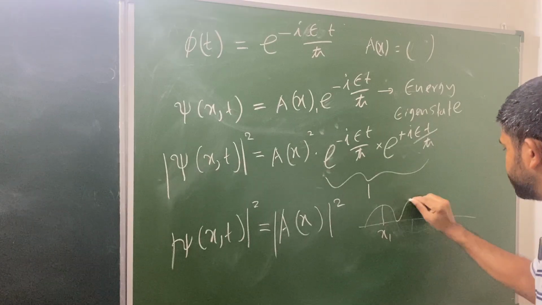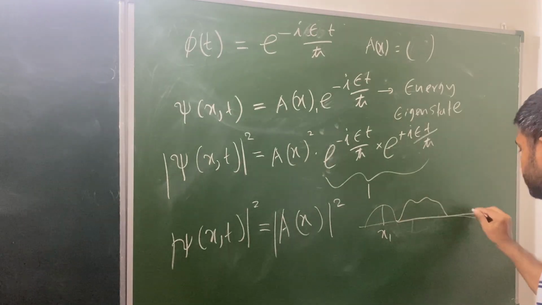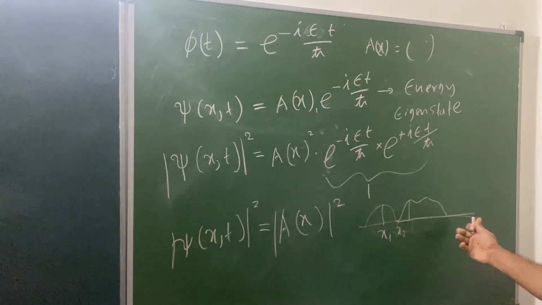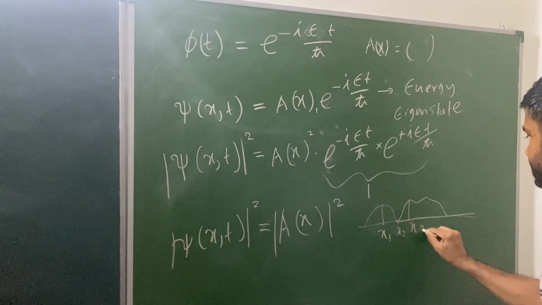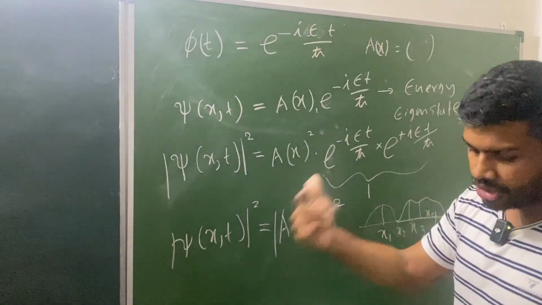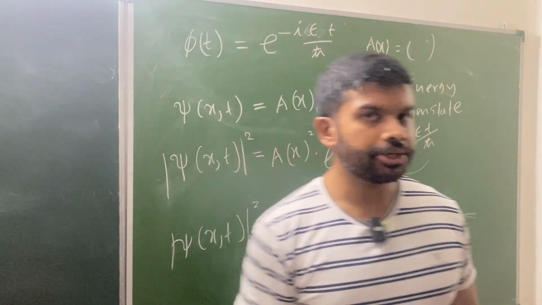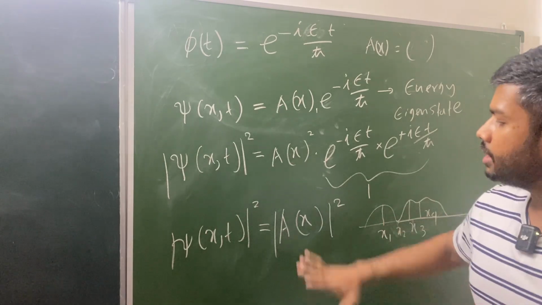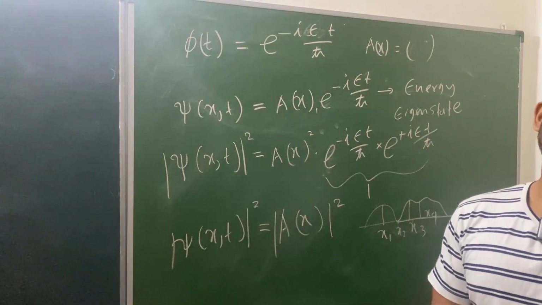My point is, the probability density can't ever be negative, right? At the x2 point, that's always 0. At the x3 point, this value. At the x4 point, this value. It's like that, right? All you have to understand is the probability density doesn't depend on time if it is an eigenstate.